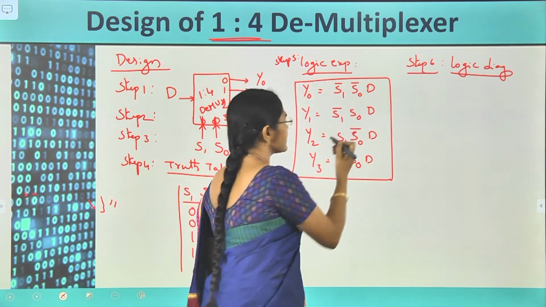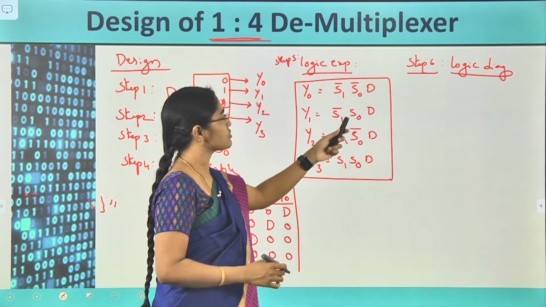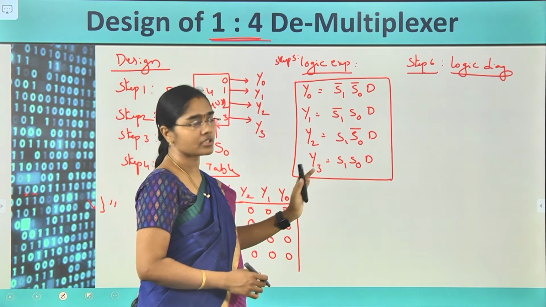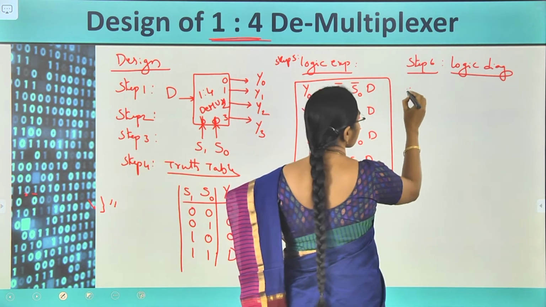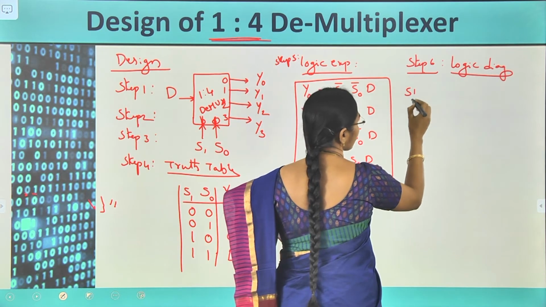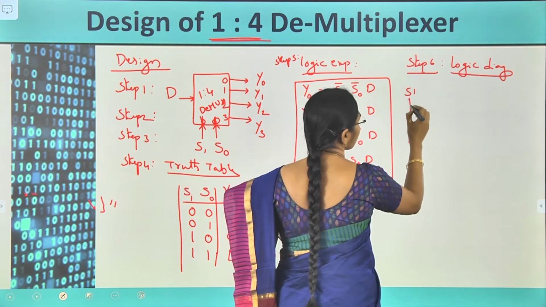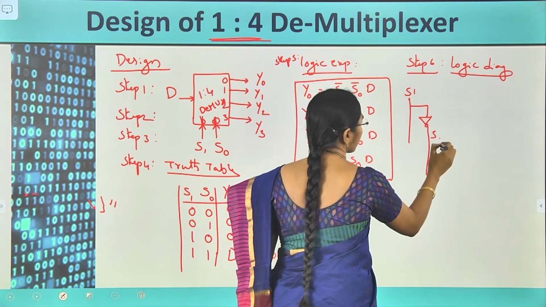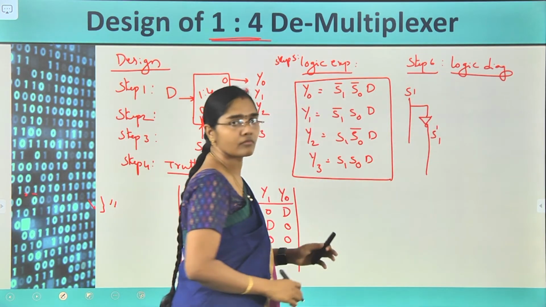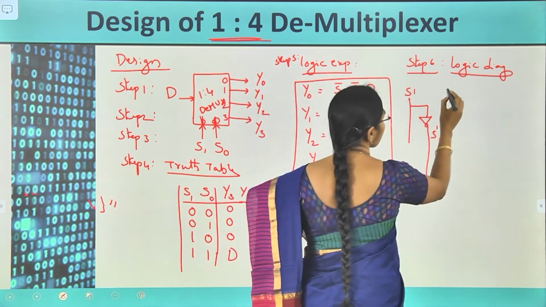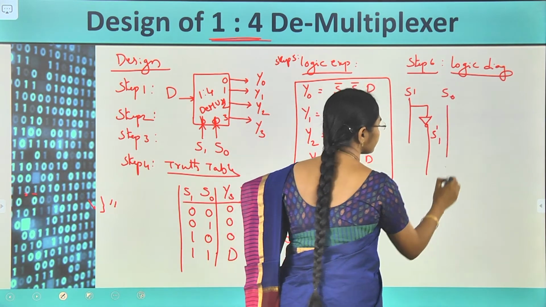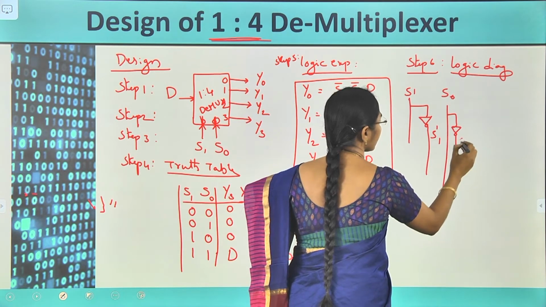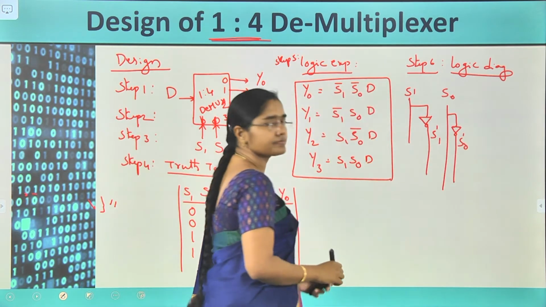Selection signals S1, S0, S1 bar, S0 bar are required. So selection signal S1, and by applying one inverter, S1 bar. Similarly, selection signal S0, by applying one inverter, S0 bar.